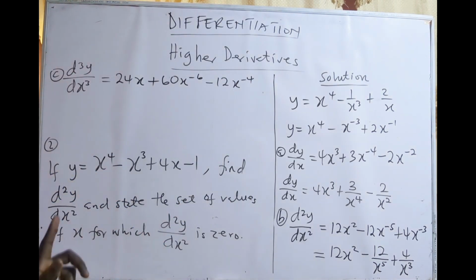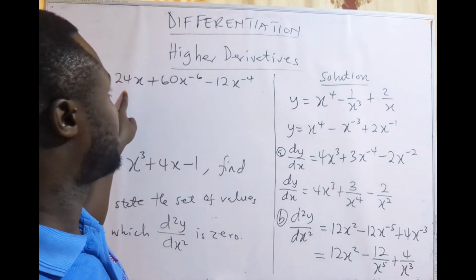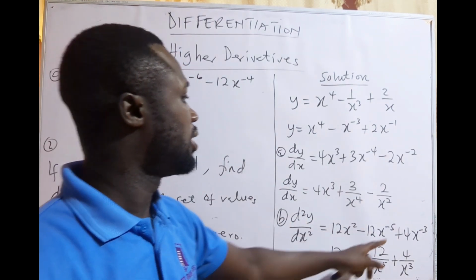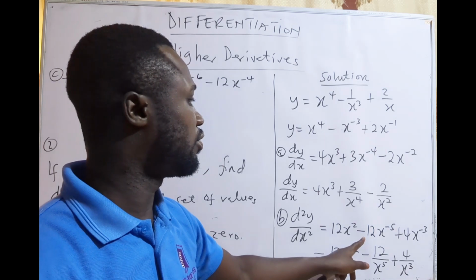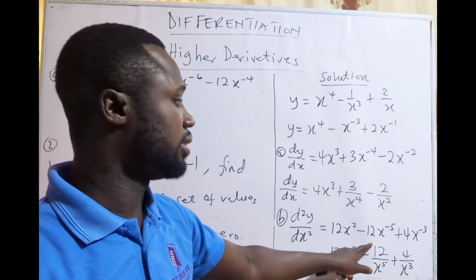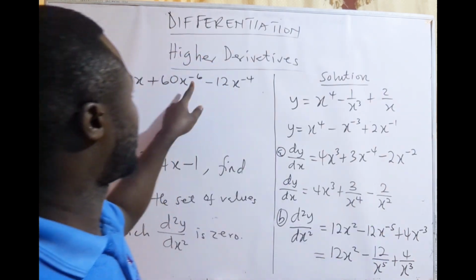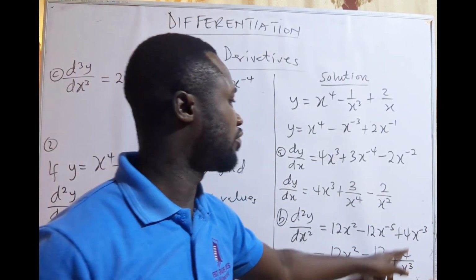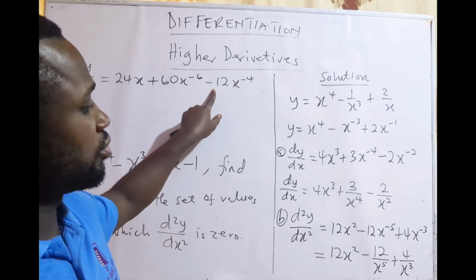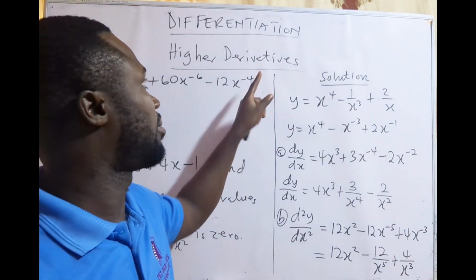So let's check again. 2 times 12 will give me 24, x exponent 2 minus 1. Then minus 5 times minus 12 will give me positive 60, and then x exponent minus 5 minus 1, minus 6. Then minus 3 times 4 will give me minus 12, and minus 3 minus 1 is minus 4.